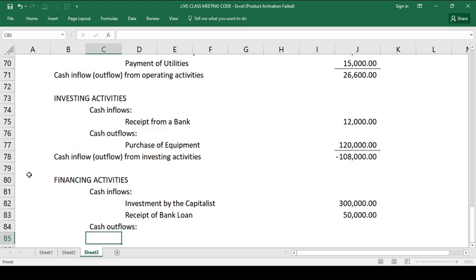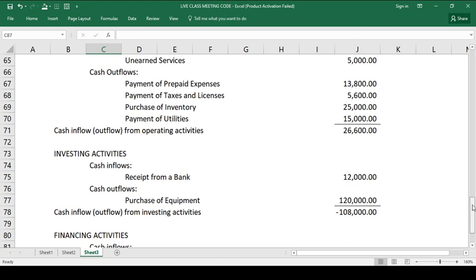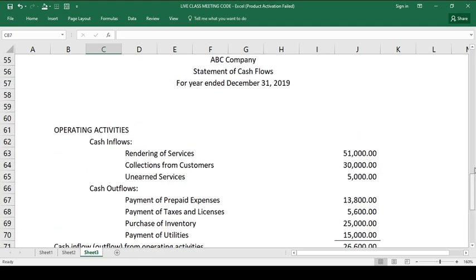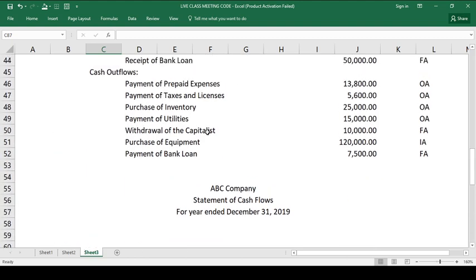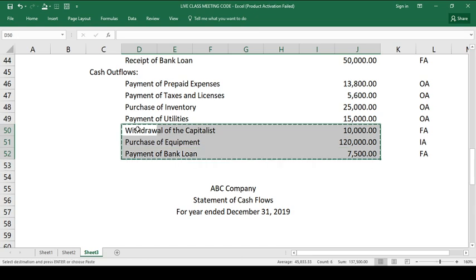And then for cash outflows, okay, kunin natin sa taas. Okay, cash outflows. Okay, itong dalawa lang. Kopyahin ko pa rin yung tatlo pero i-delete ko mamaya yung isa. Okay, that's it.